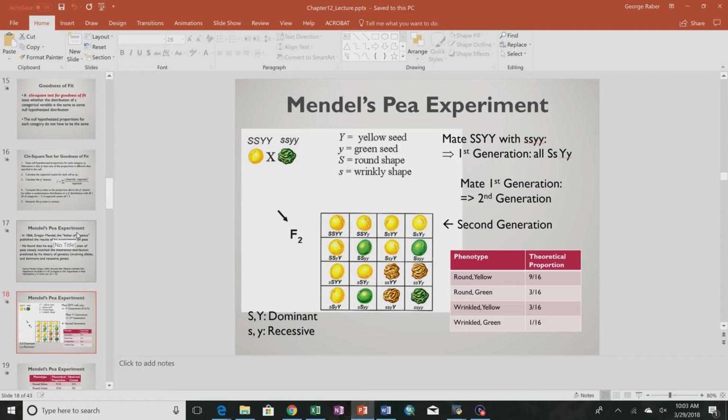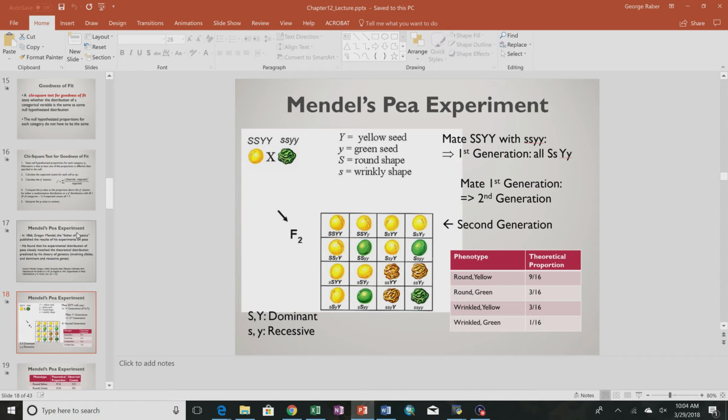So what he hypothesized was that he mated certain plants that had the recessive gene and plants that had the dominant gene. In 2 generations, you should see a distribution like this if it really matched his thinking. You should see approximately 9/16 of the plants having round yellow peas. 3/16 should have round green peas. 3/16 should be wrinkled yellow, and 1/16 should be wrinkled and green.